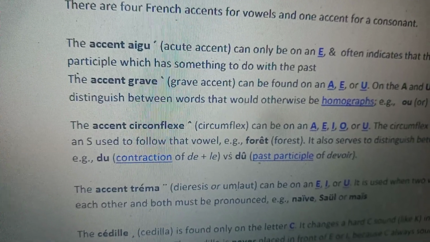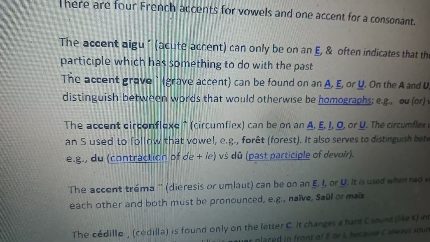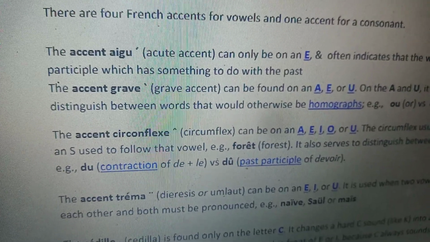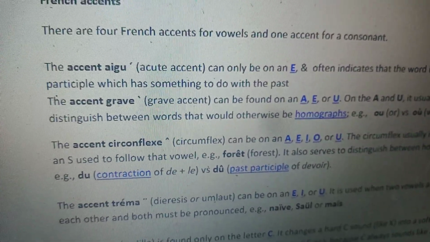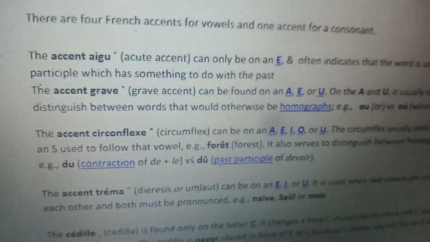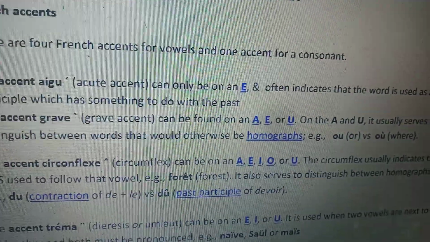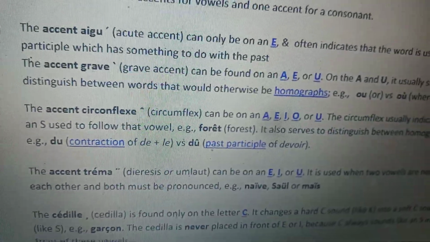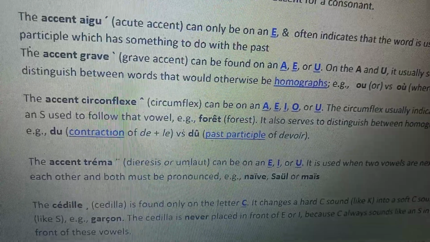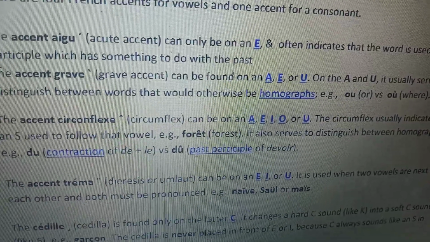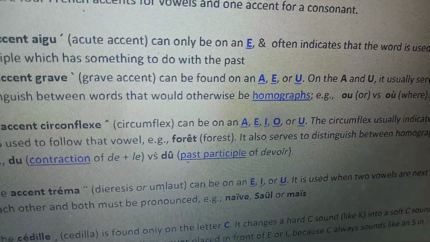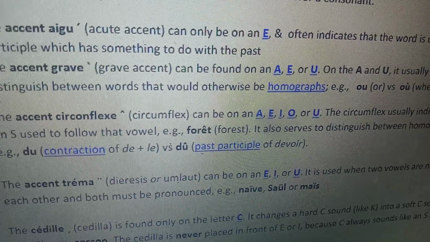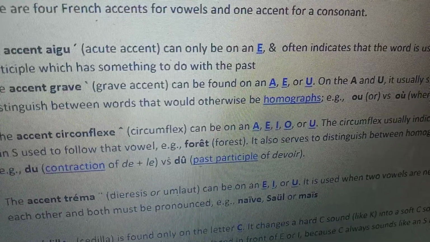Then you have the accent tréma. It's a diaeresis or umlaut. An umlaut you'll mostly find in German. It can be on an E, I, or U. It is used when two vowels are close to each other and both must be pronounced, for example naïve. So naïve means in English the same thing. Or Noël, which is Christmas, or maïs, which is maize.